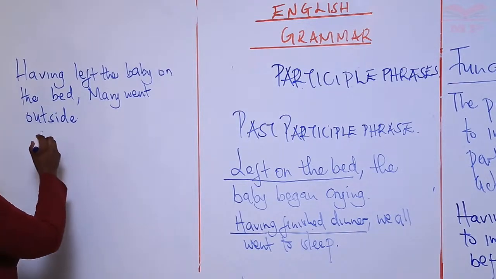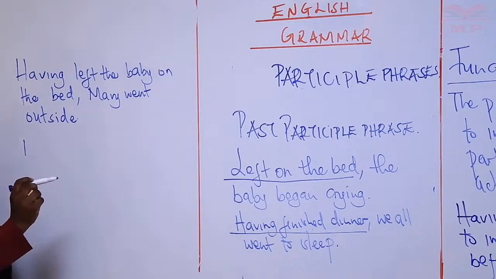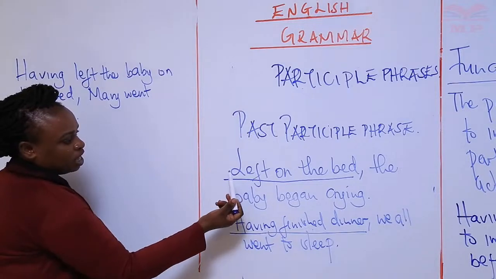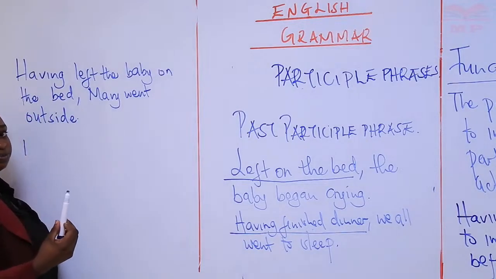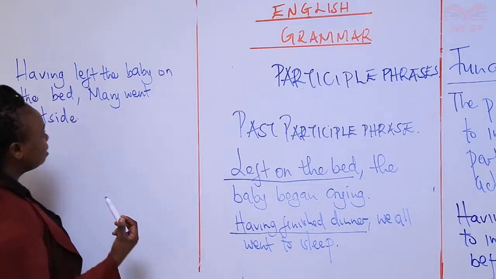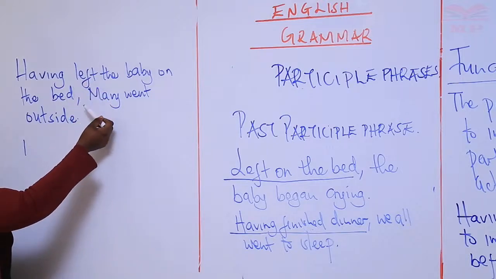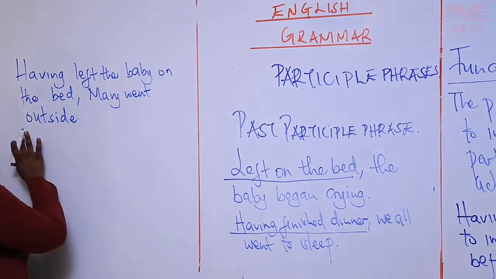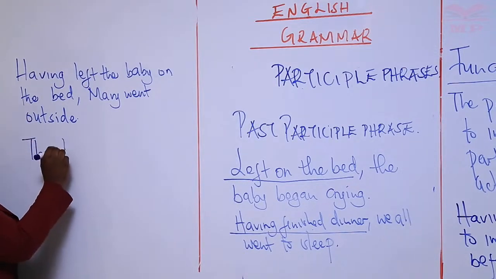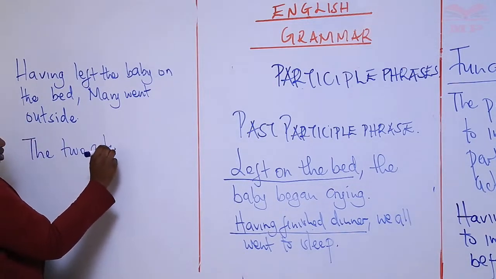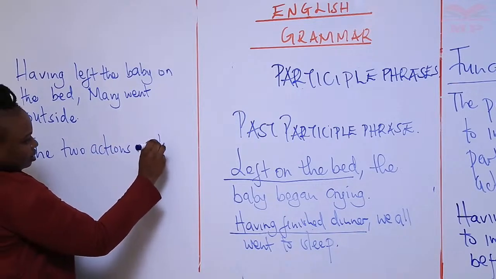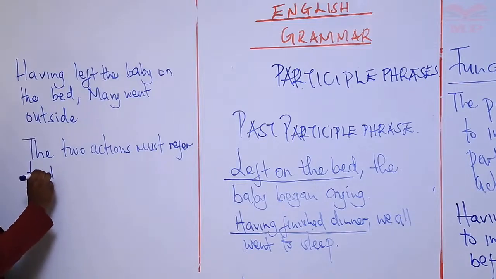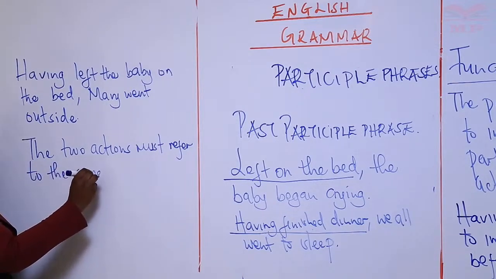Okay. One thing we also need to know is that with the participle phrase, both actions need to refer to the same person. Both actions need to refer to the same person. The action of leaving the baby on the bed and going outside need to be performed by the same person, so you can say that the two actions must refer to the same person.